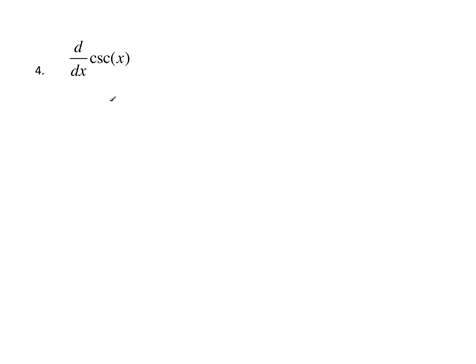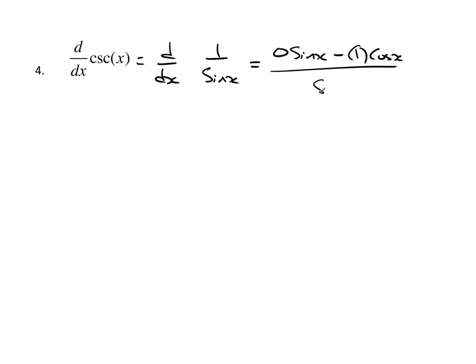Now the last one we're going to deal with is cosecant. Cosecant is equal to 1 over sine of x. Oops, that equals doesn't belong there. It's a derivative of 1 over sine of x. Well, that equals, again, derivative of 1 is 0, so 0 times sine of x, minus 1 times, derivative of sine is cosine of x, divided by sine squared of x.